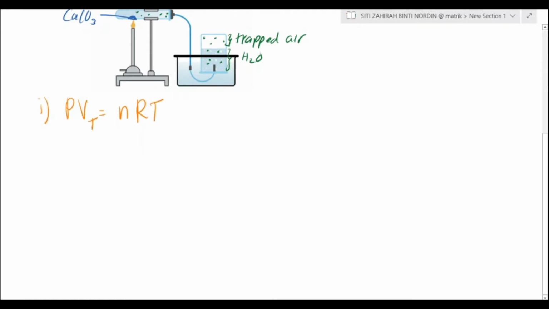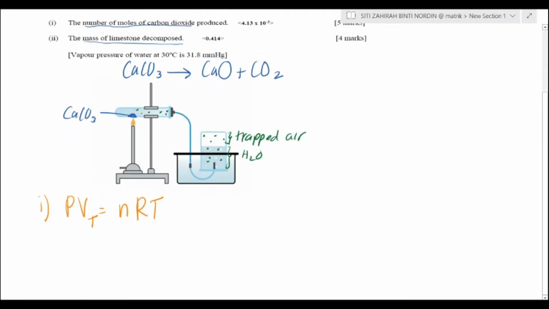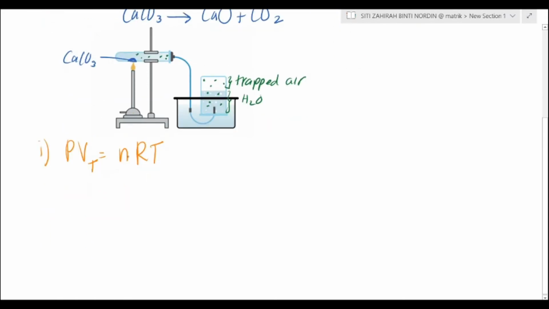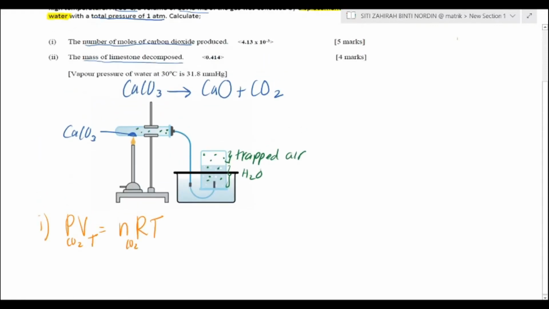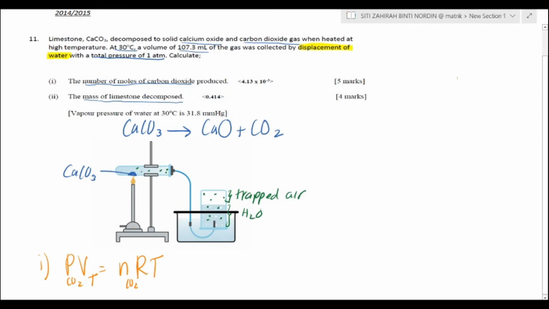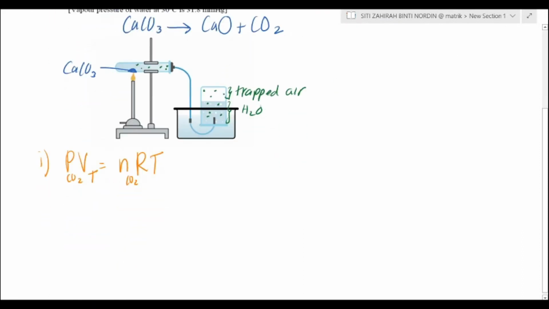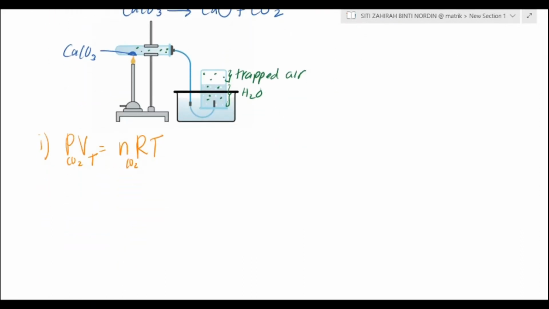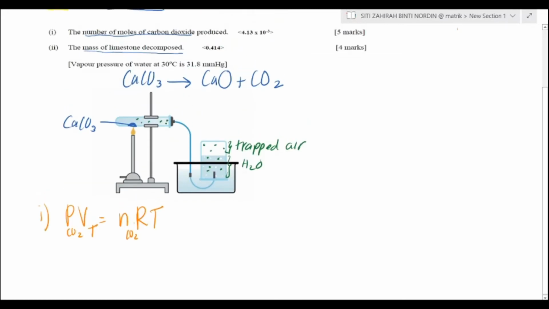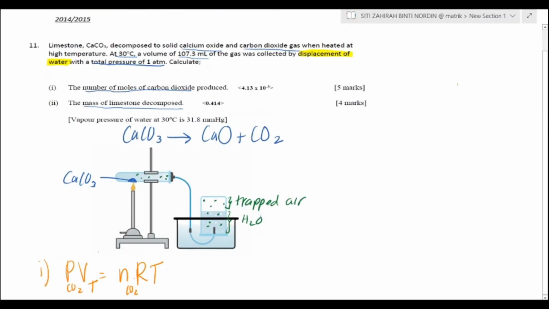Again, volume must be total. Mole, we want to find the mole of carbon dioxide. So the pressure must be pressure of carbon dioxide and your temperature. Usually the question will only give you one temperature, so just use that. So before using this ideal gas equation, let's figure out what information we have.